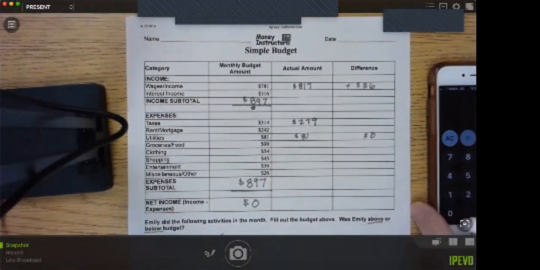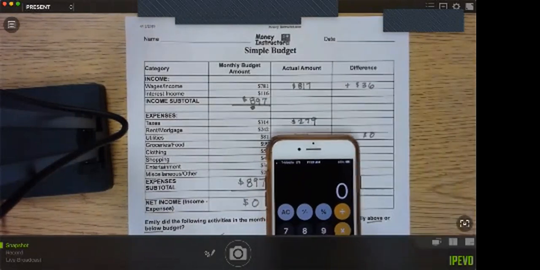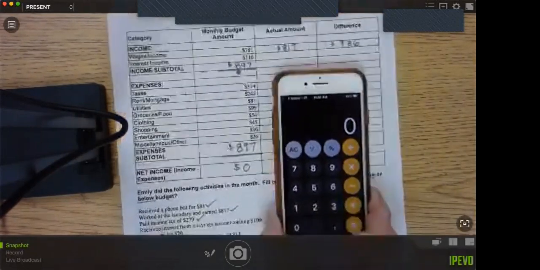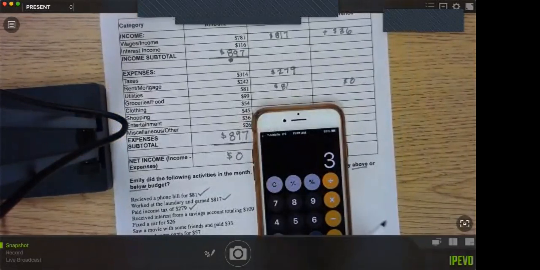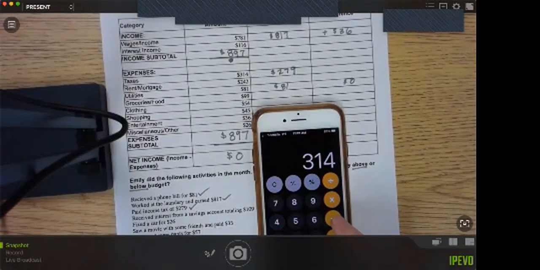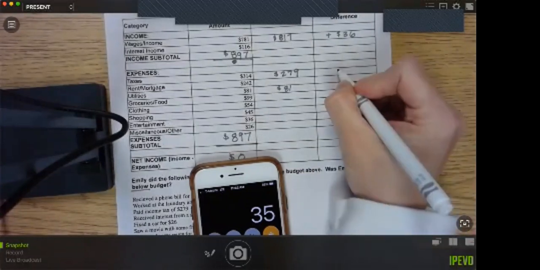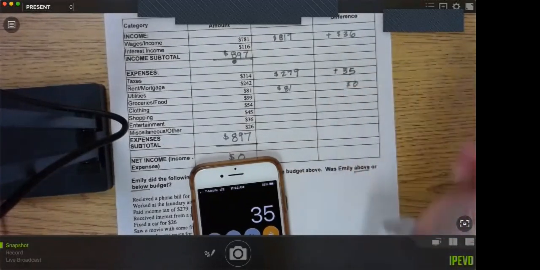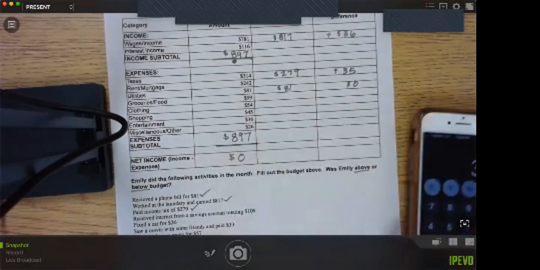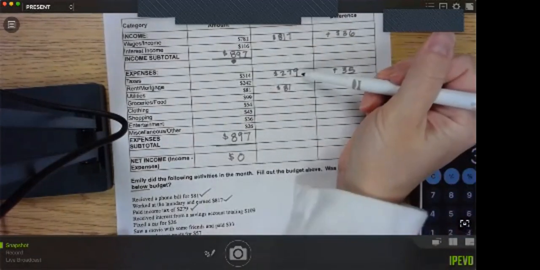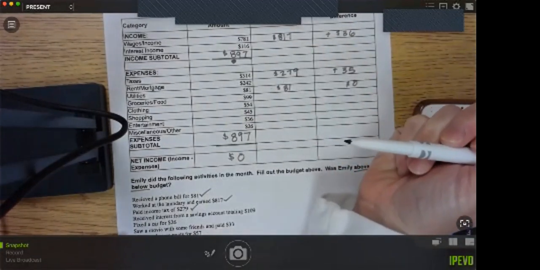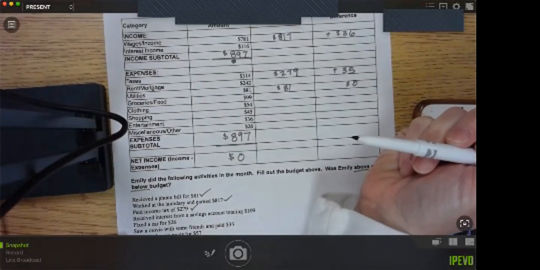So she budgeted for $314, but her taxes were only $279. So that is 35. She has plus 35 more dollars because she was under budget there. So she has more money. Okay.